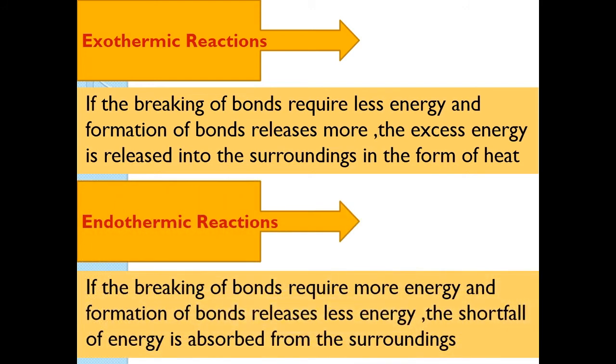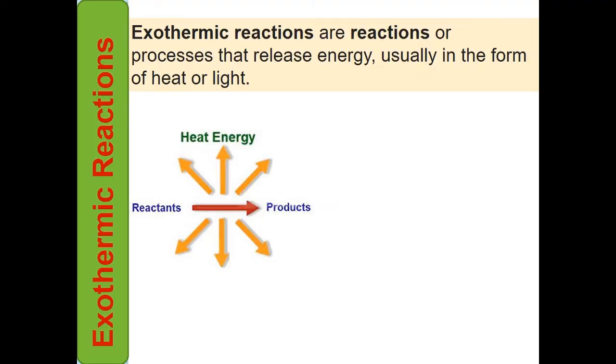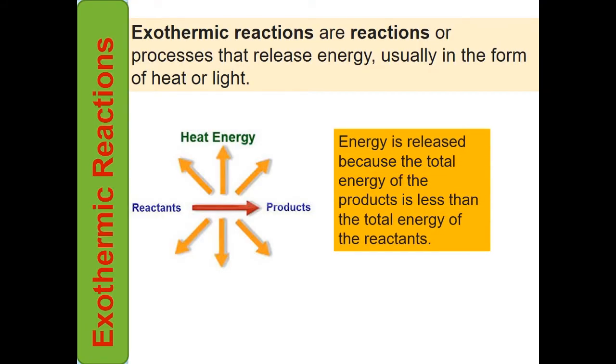If the breaking of bonds requires more energy and formation of bonds releases less energy, the shortfall of energy is absorbed from the surroundings. That is why temperature drops. It is concluded that whenever exothermic reactions take place, energy is released because the total energy of the products is less than the total energy of the reactants.